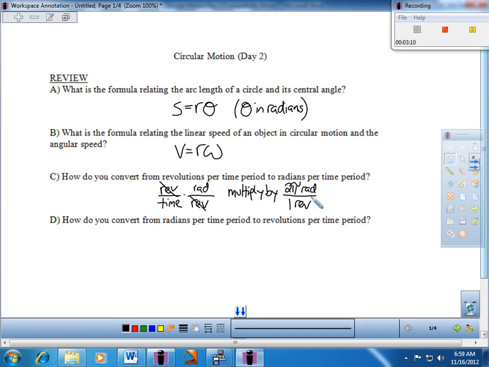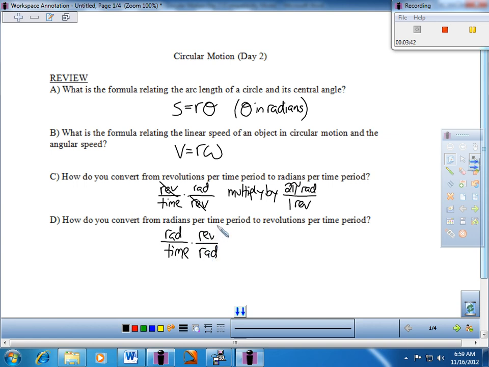Great. And in letter D, it looks like we'll want to reverse, of course. How do you convert from radians per time period to revolutions per time period? Just hold off a second if you want to peek at what I'm doing up here. I have radians per time period, and I want to go to revolutions per time period. Again, there's dimensional analysis that allows this to occur. If I have radians up here, I'm going to need to cancel that out down below.